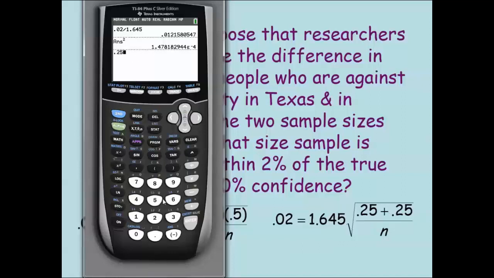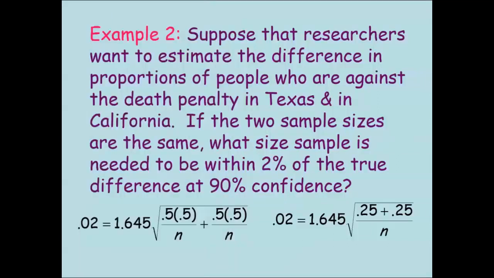So 0.25 plus 0.25 is 0.5, and I'm going to divide that by that lovely decimal, and I get a sample size of 3382.5, and with sample size we always want to round up, so that rounds up to 3383.